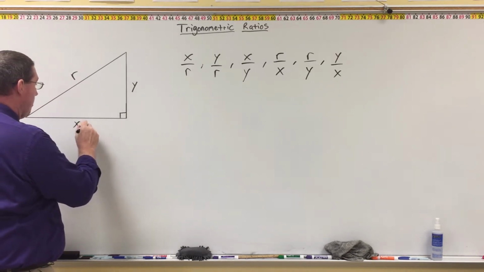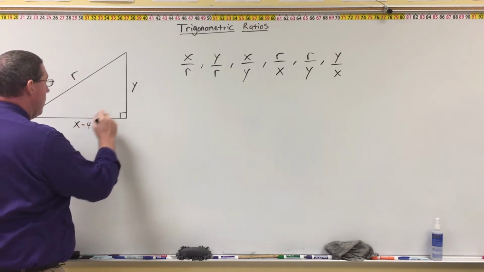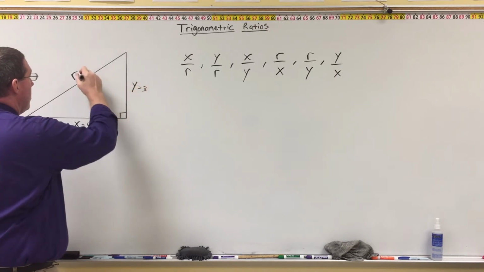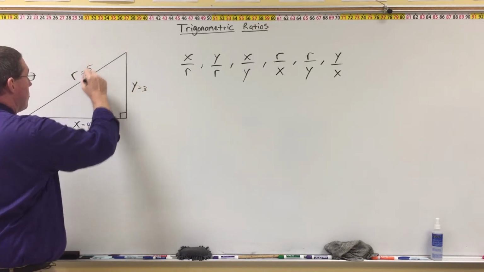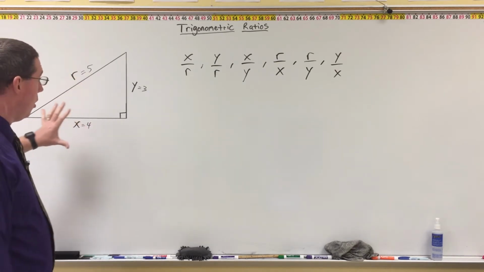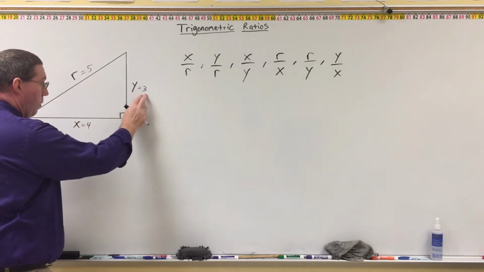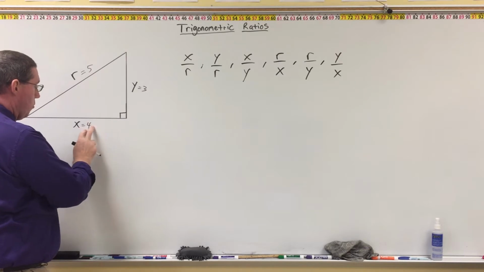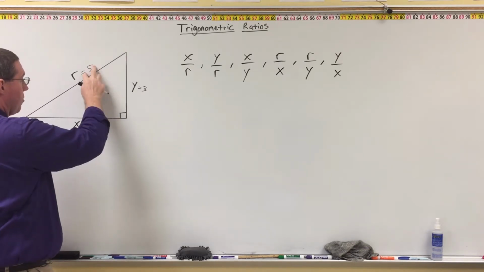So let's, for example, say that x was 4, y was 3, and r was 5. And you could use the Pythagorean theorem and show that 9 plus 16 equals 25, which equals c squared.